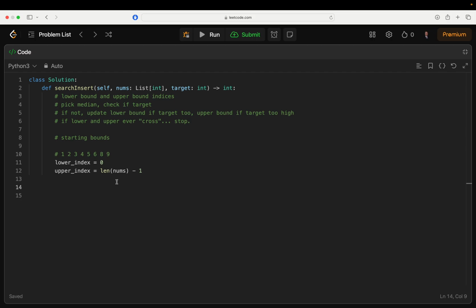Okay. While lower index is less than upper index, ooh, how can we say, while lower index is lower than upper index minus 1, and then when we get out of this, exit.